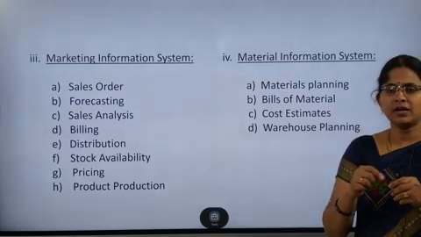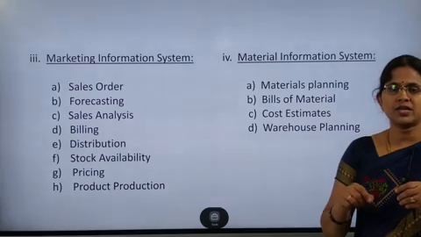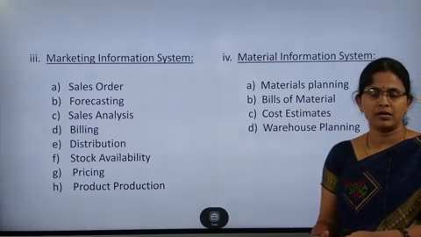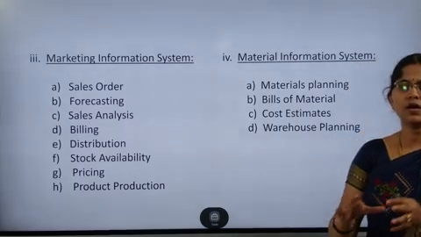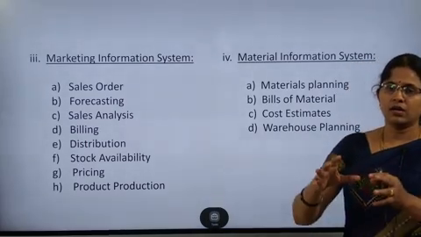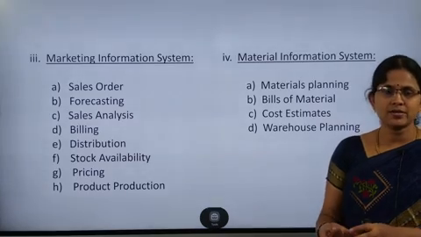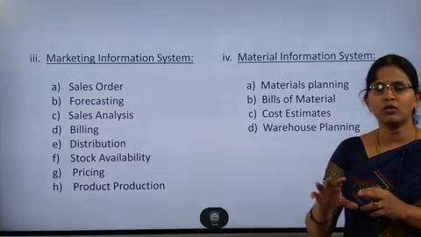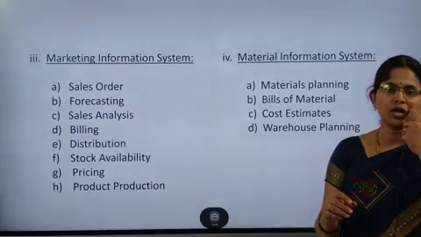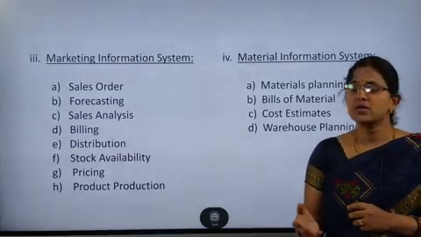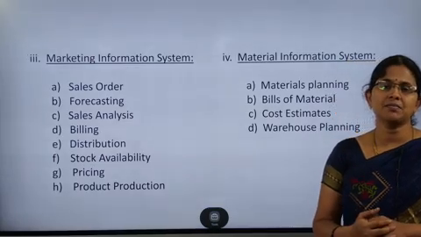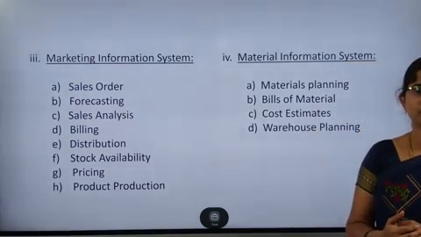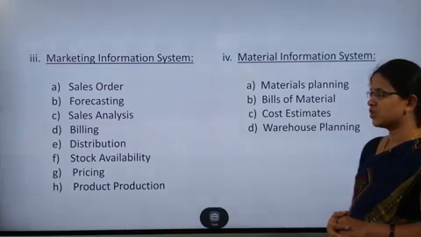Like that they will scan all the products that you bought at the billing desk. After scanning all the products, they will finally go for the total amount. By seeing the total amount, you will go for payment. Such a billing mechanism will also be fulfilled by using the management information system.